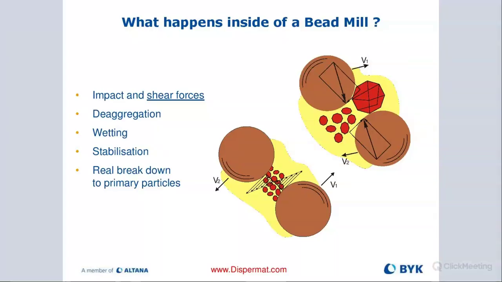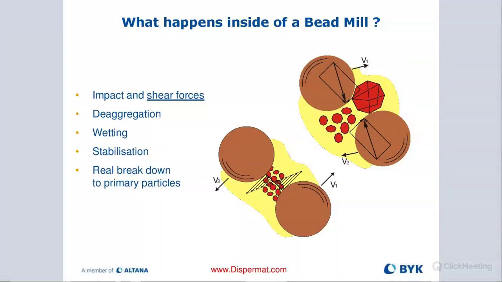It's always being pushed away by the forces of your hands clapping together, and that's also what's happening inside of a bead mill. So think of these beads as your hands and the particle cluster as a rubber duck, and as you're clapping your hands, these shear forces break up the binding forces and reduce the particle size. So that's really what's happening.